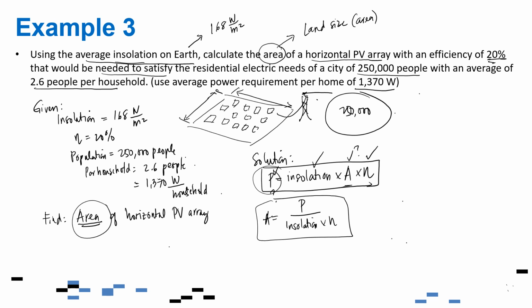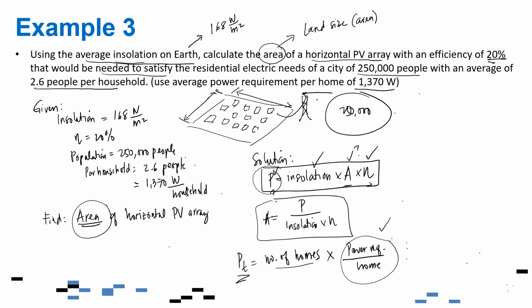This will be our main formula to get the answer for this problem. In order to get the total power needed, the total power PT, we need to know the number of homes times the power requirement per home. The power requirement per home is already given, but the number of homes is not.